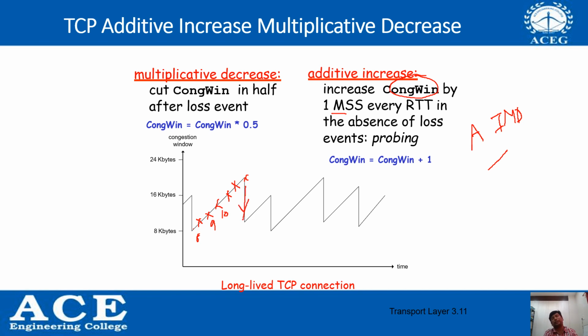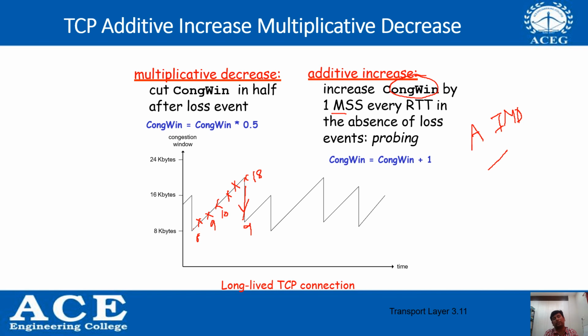So multiplicative decrease is, before the congestion, in case my total congestion window size is around 16 or 18 here, immediately when I identify a loss or delay in the packet, my congestion window size is reduced to half of my previous successful transmission.